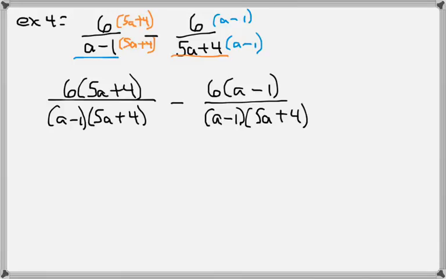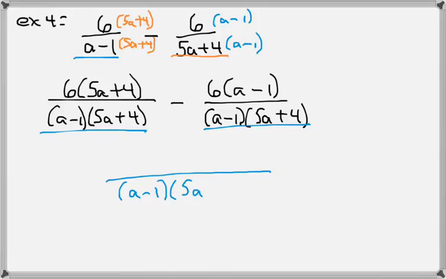Now it's easy to tell that our denominators are now the same. We have an a minus 1 times a 5a plus 4 over here, and also over here an a minus 1 times a 5a plus 4. So that is going to be my common denominator. So I'm going to go ahead and write that down. I have an a minus 1, and I have a 5a plus 4.